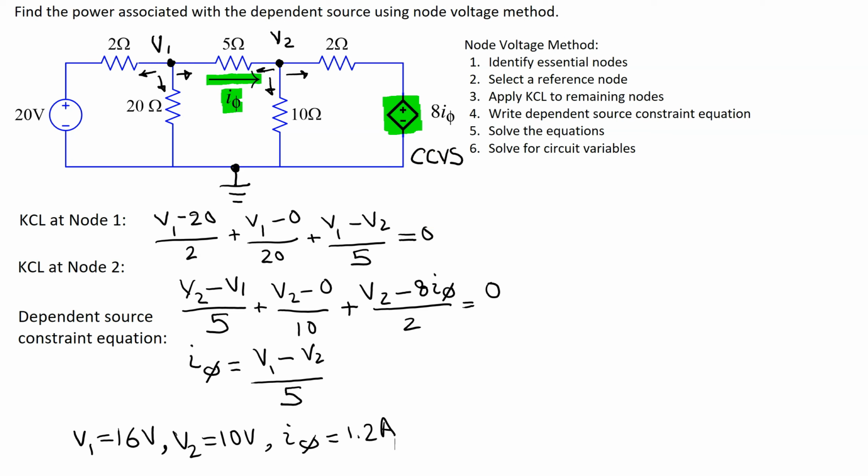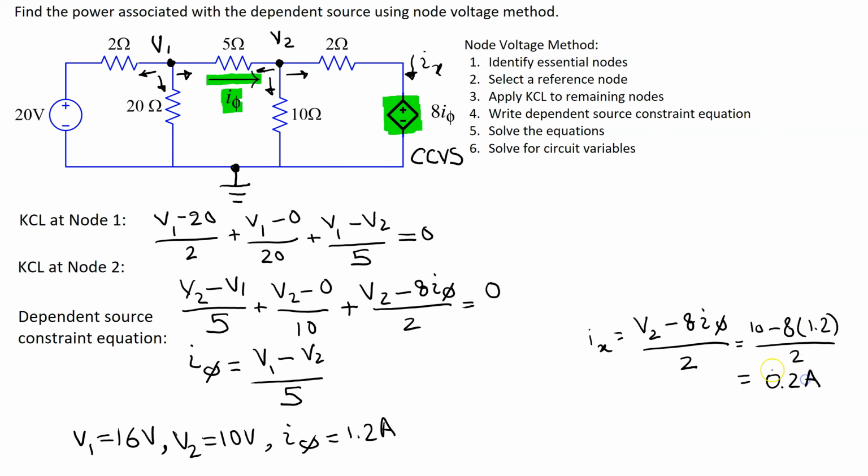So let's assign the current through this dependent source as Ix, and this current Ix can be given by V2 minus 8 I phi over 2. If we substitute the values, this gives 10 minus 8 times 1.2 over 2, which is equal to 0.2 amps.